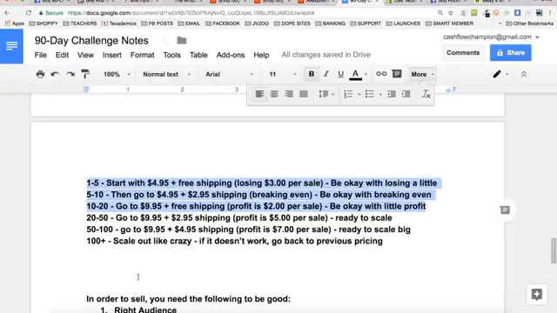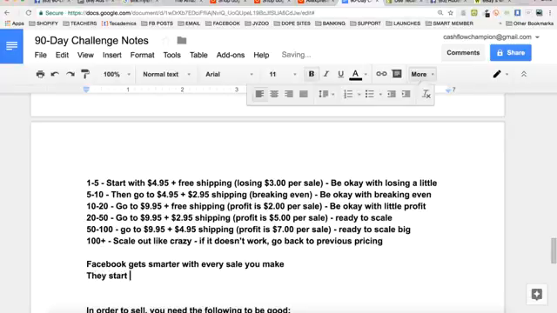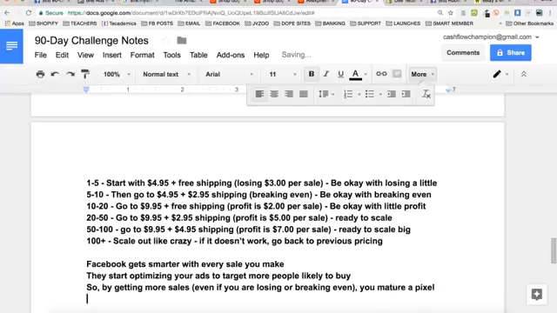Now, what else is happening? Facebook gets smarter with every sale you make. They start optimizing your ads to target more people likely to buy. So, by getting more sales, even if you are losing or breaking even, you mature a pixel.